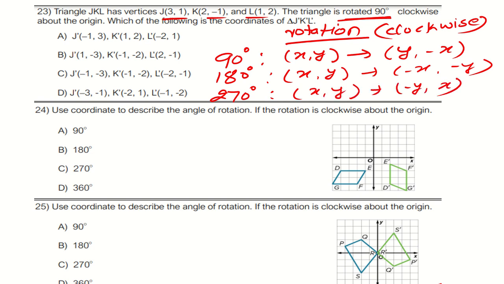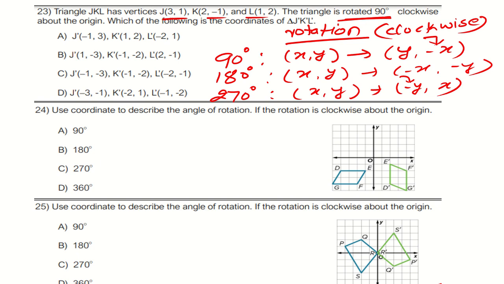Now, how will you remember? I'll tell you the method, how I have remembered. See, for 90 and 270, x and y will interchange their values. So for 90 degrees, the value of y becomes negative, and for 270 degrees, the value of x becomes negative.